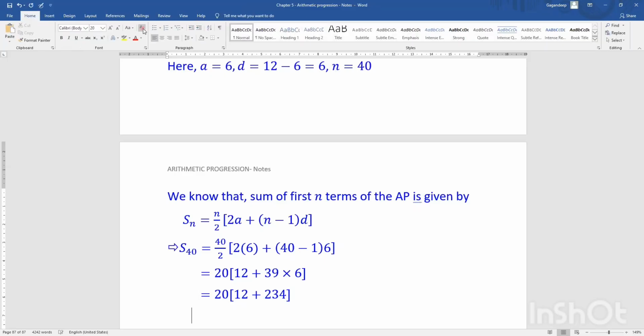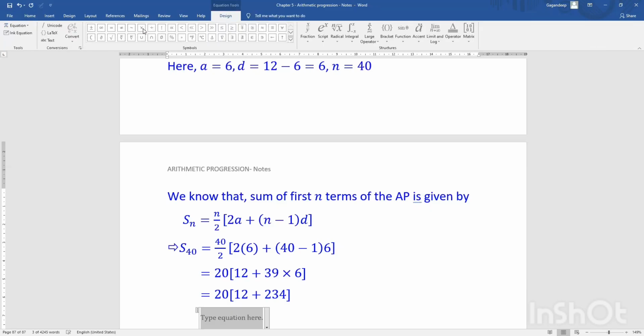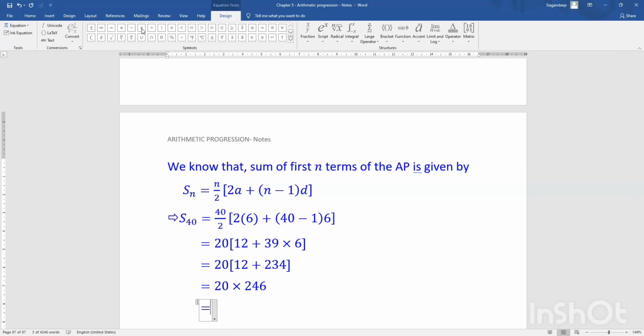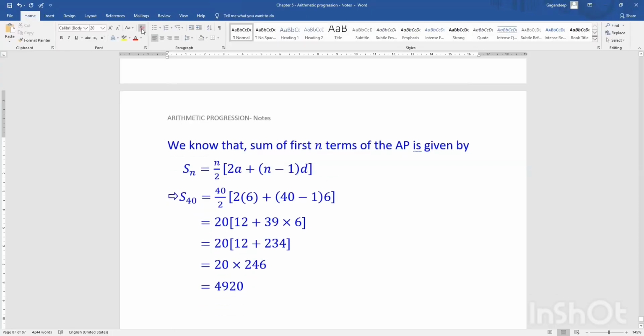Or it's equal to 20 into 12 plus 234, which gives you 246. So 20 into 246, the final answer will be 4920. So this is our required answer.